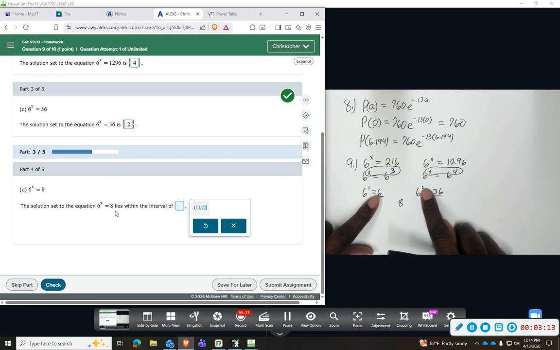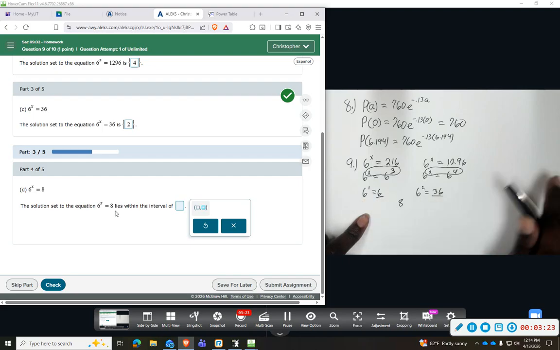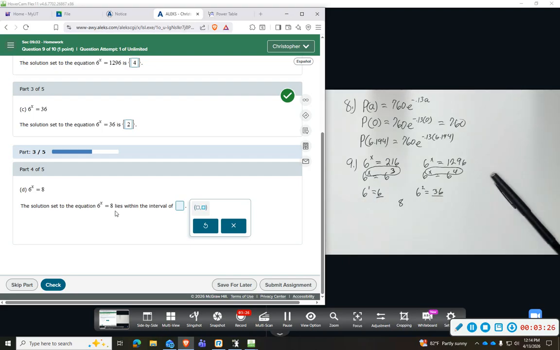So I'm looking at some rational number, not a whole number, because with 1 we get 6, with 2 we get 36, so 8 is between those two outputs. So my interval is from 1 to 2, between 1 and 2.